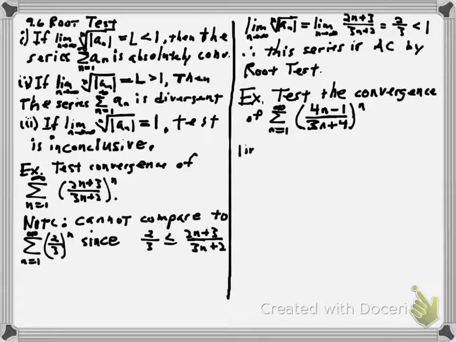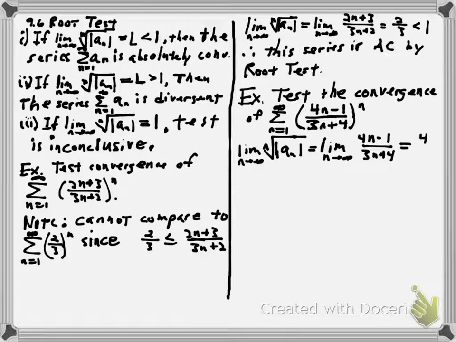So we want to compute the limit as n goes to infinity of the nth root of the absolute value of a sub n. In this case, again, the nth root cancels out that power of n, so we are simply looking to compute the limit of this expression, (4n minus 1) over (3n plus 4). And of course, this limit's easy to compute. It is 4/3, greater than 1.